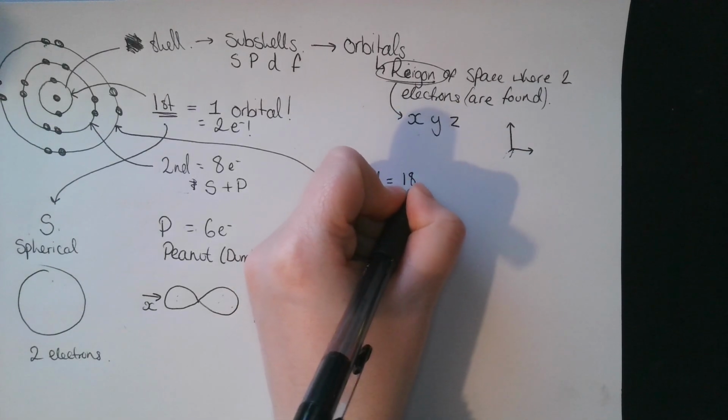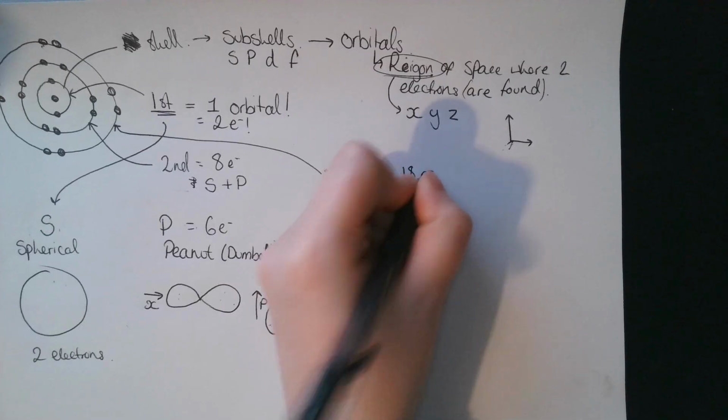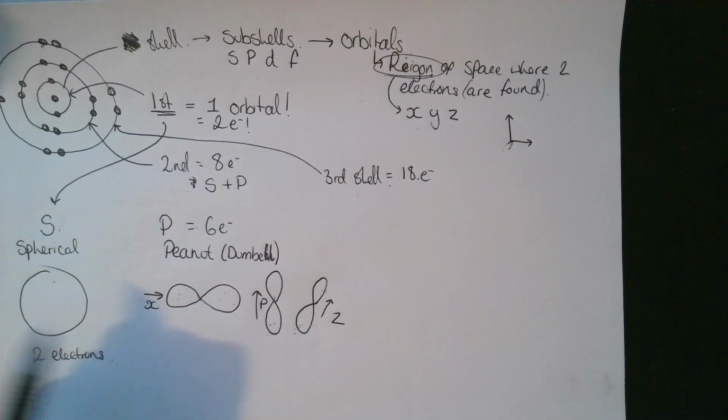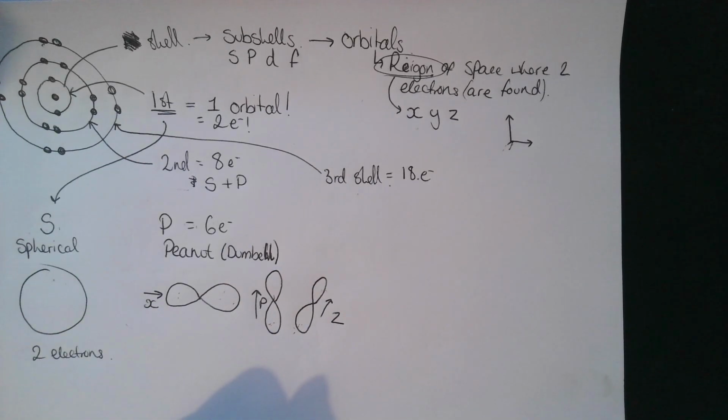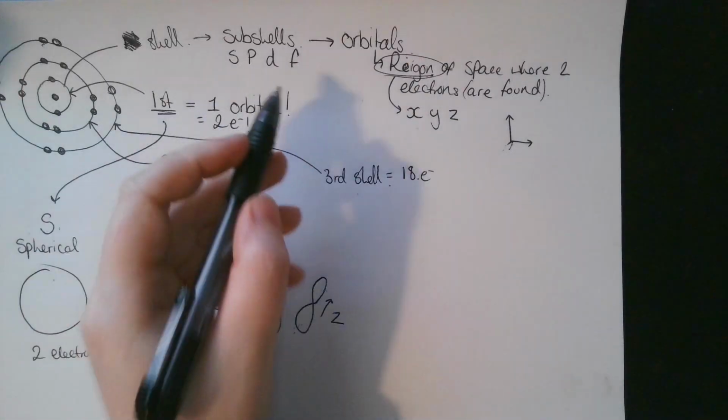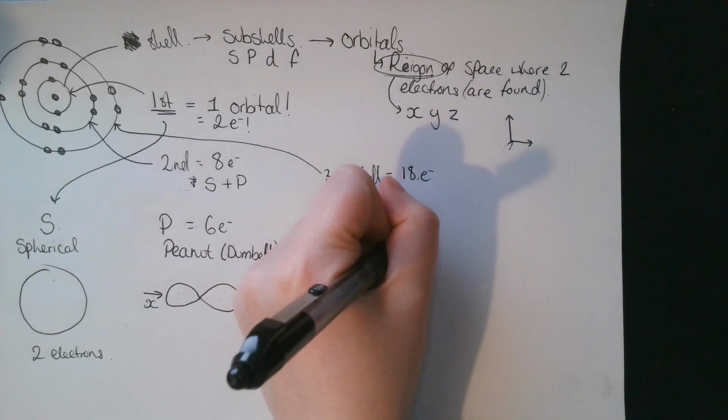It can hold 18 in total. Well, S and P only make up 8. Which means we are missing 10. That's where the d orbital comes along.